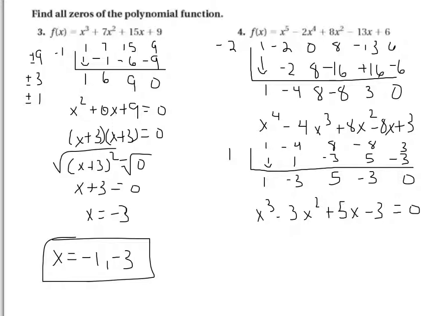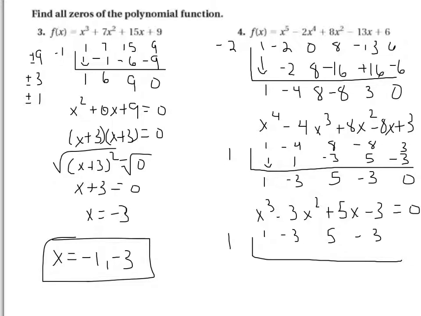Okay, so we can't really factor that yet. So one of these has to be repeated twice. So let's check the 1 and see. So watch what we do here. Set it up again.